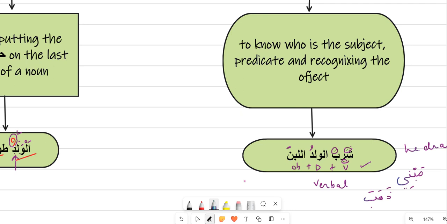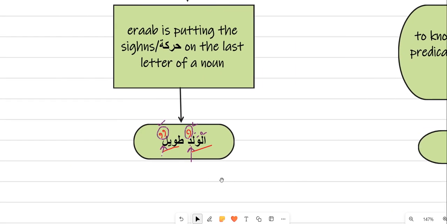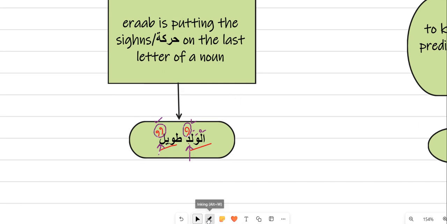And now I will touch on jumla ismiyah quickly here. Jumla ismiyah is known as the nominal sentence. In a nominal sentence, as the name suggests, the first word is a noun.